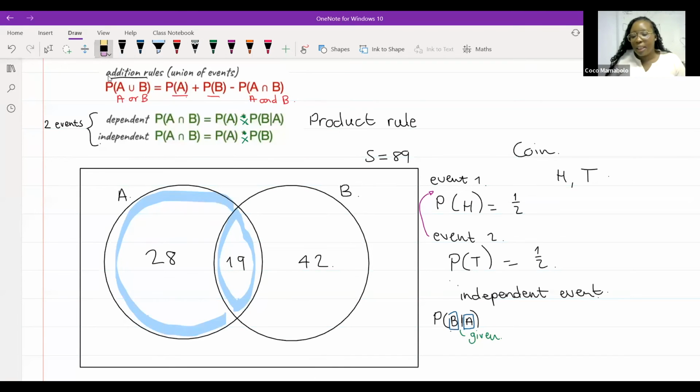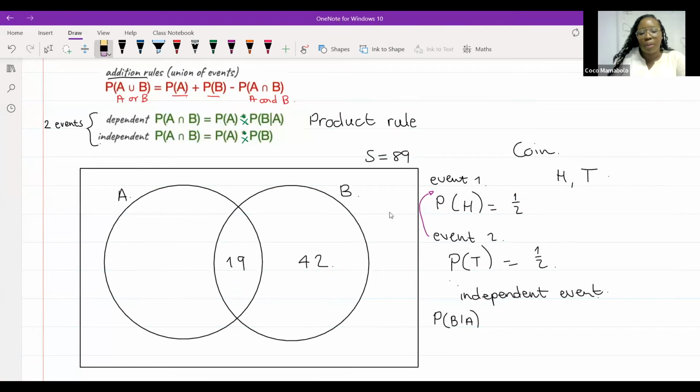Okay, let me give a practical example. Let's say A and B are Samuel going to a match. We're going to call this a soccer match, soccer match 1 and soccer match 2.